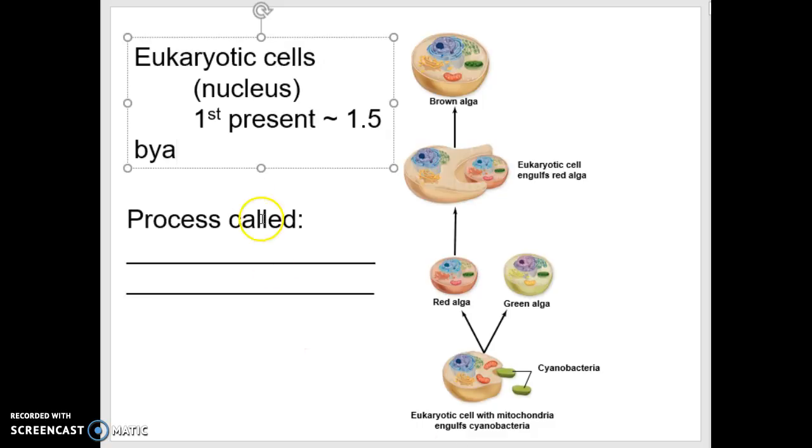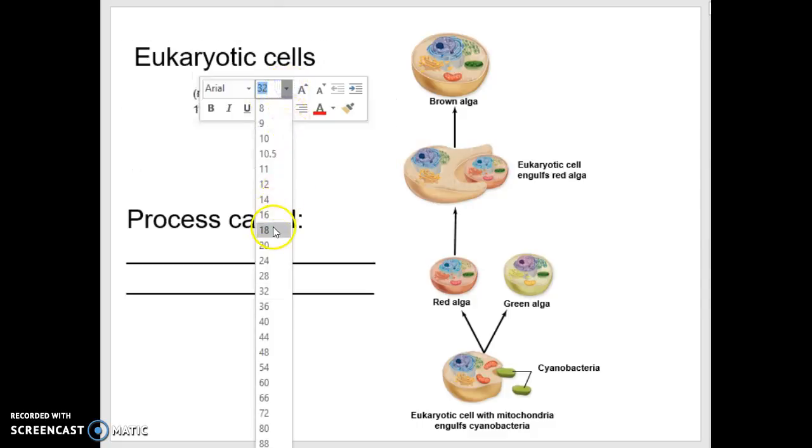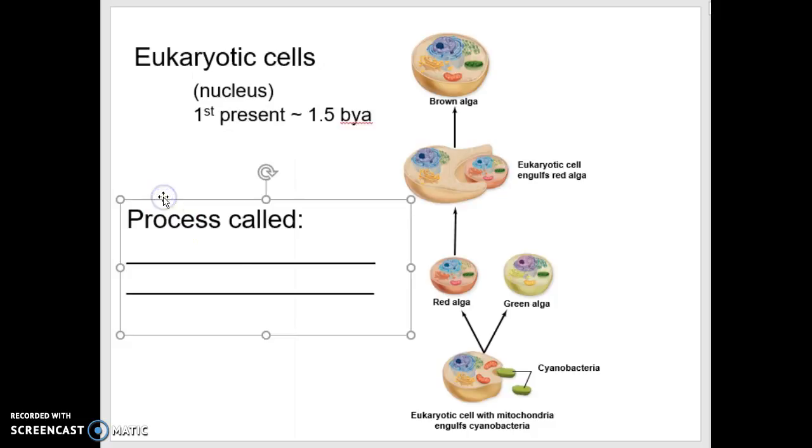All right, so that is our estimation on the eukaryotic cell, the cell with the nucleus. How did it get here? When did it first show up? About 1.5 billion years ago. So life existed on Earth in single-celled form for almost 2 billion years before we start to see eukaryotic cells.